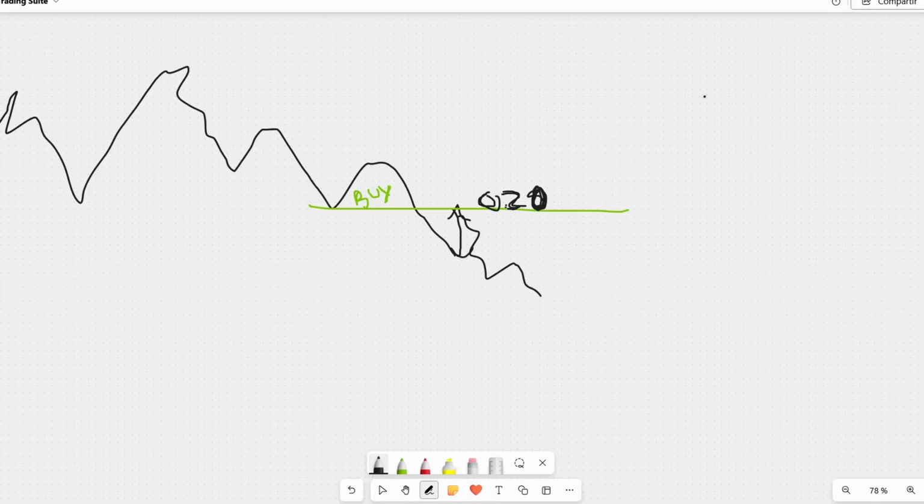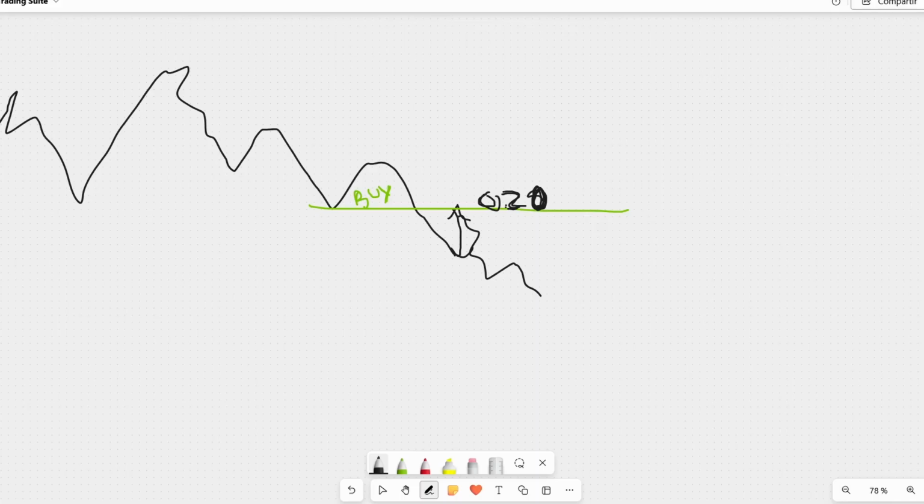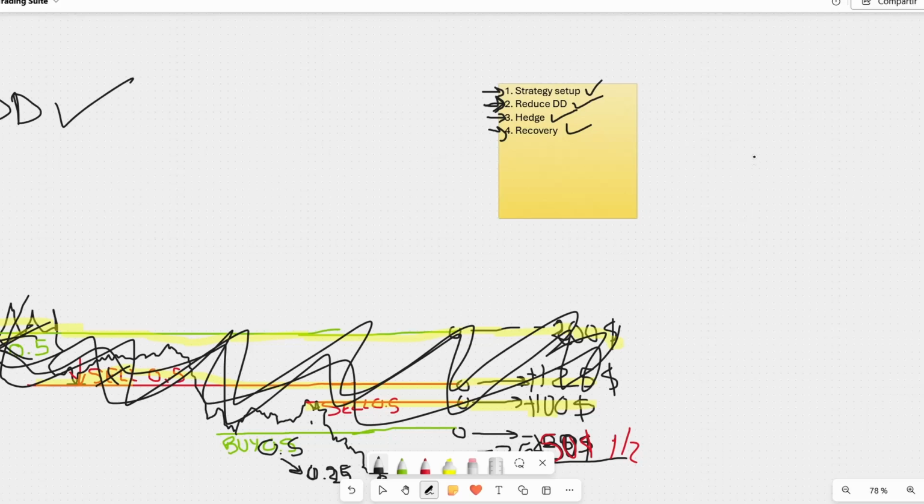So we again reduce our drawdown, reduce our risk percentage, reduce our margin. So this is pretty good. And now what we do now, we just start all over again. And we reduce the drawdown.